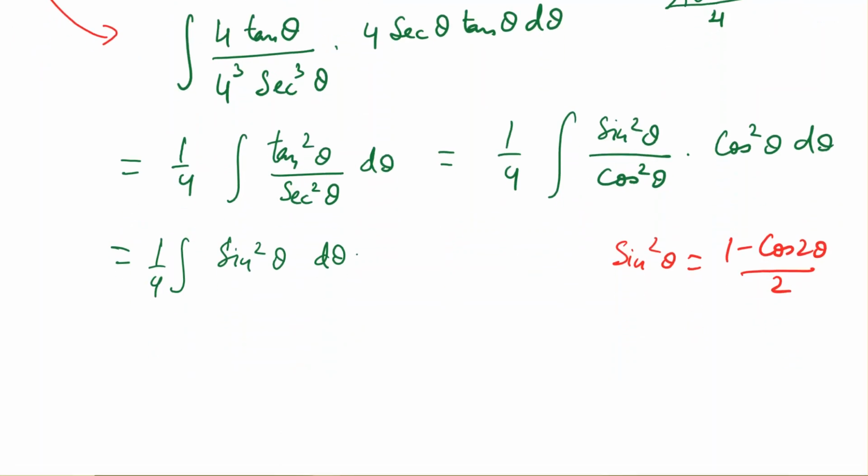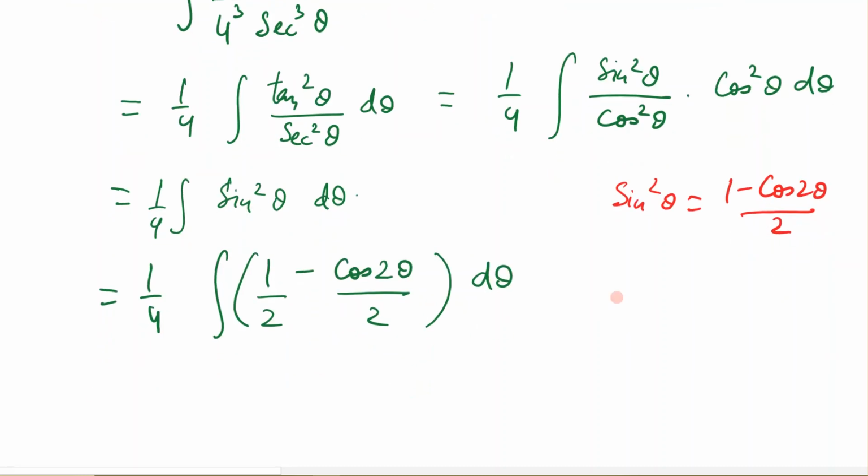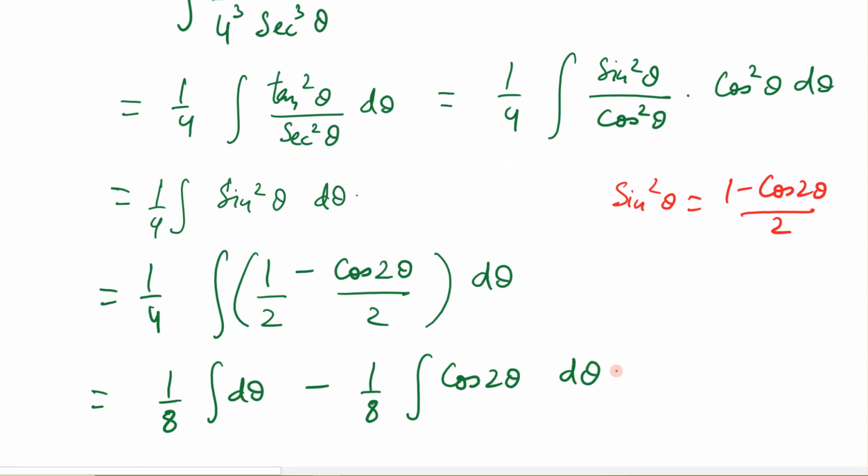So using this trig identity, we get 1 over 4 integral of 1 minus cosine 2 theta over 2. I'm just going to split this into two integrals. So we got 1 over 8 integral of d theta minus 1 over 8 integral of cosine of 2 theta d theta.